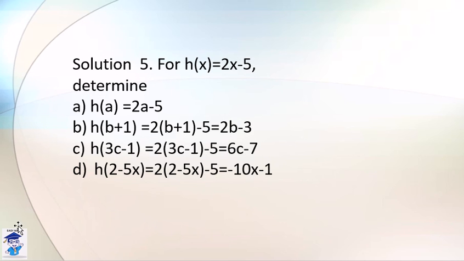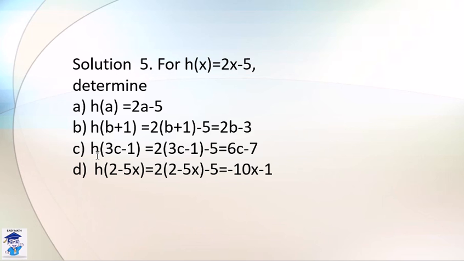Solution 5. Now, for f(x) equal to 2x minus 5, determine the following. Number a, f(a) equals 2a minus 5. Number b, f(b plus 1) is 2(b plus 1) minus 5, which is 2b minus 3.